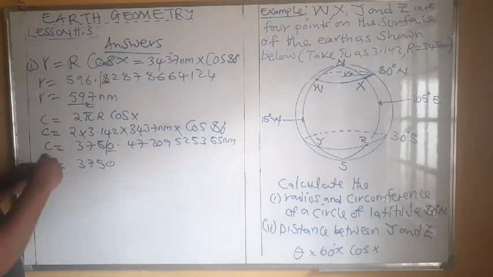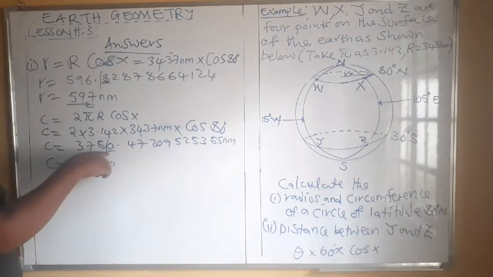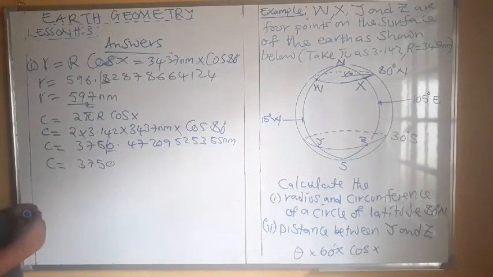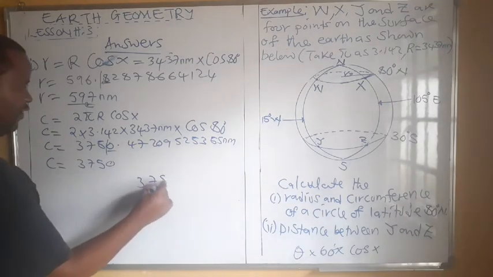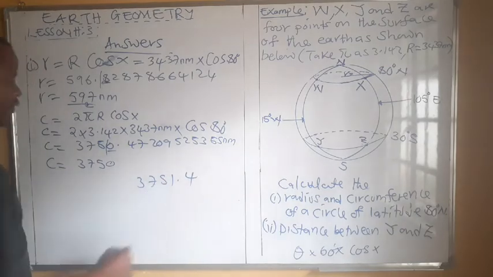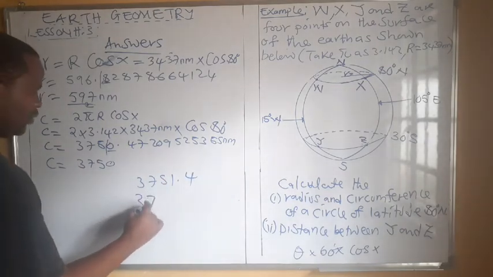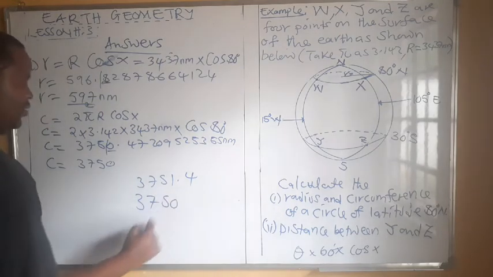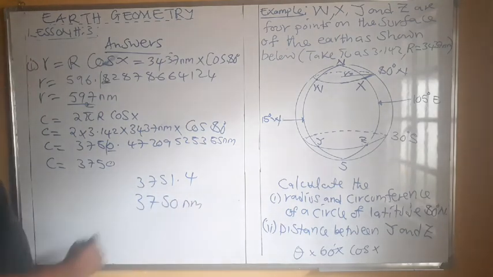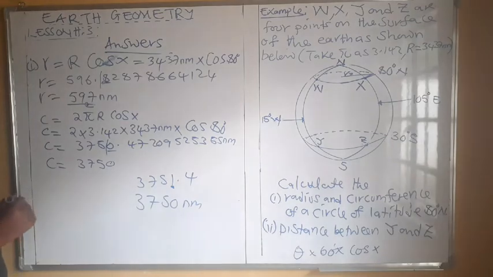No. If there was 1 here, you would still put a 0 because there's one digit before the decimal point. What I'm saying is if you have 3751.4, rounding it off to 3 significant figures would give this. Again, nautical miles. It doesn't matter the value that is there. Take note.